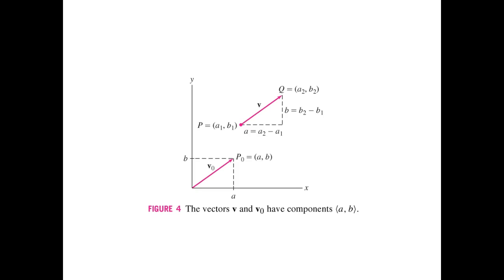They have the same components, A B, so technically they're equivalent vectors, but quite often we'll say they're equal vectors. We'll use equivalent and equal as if they're the same, whereas sometimes you make a little distinction between those two.